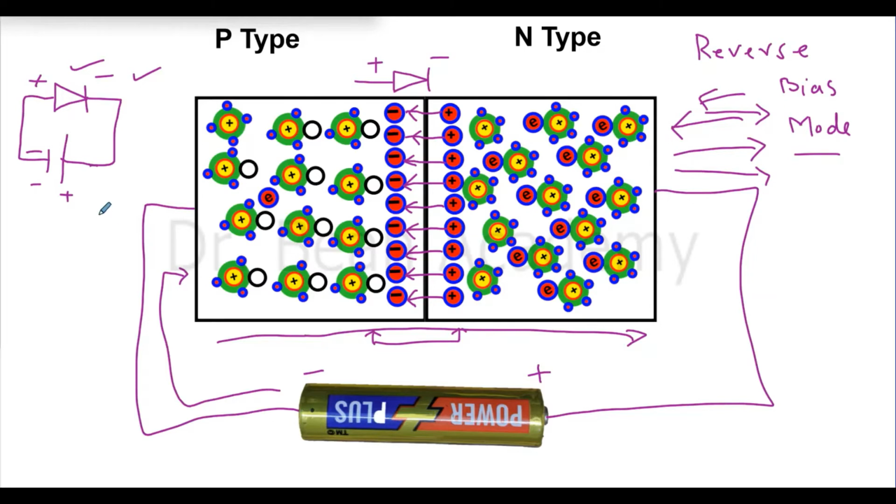So just imagine that whenever you are talking about, for example, the reverse mode here, current will flow opposite to this arrow. So just keep in mind that wherever you see the arrow, if you are following the real current flow, to know the direction of current flow, you have to go opposite to this arrow.